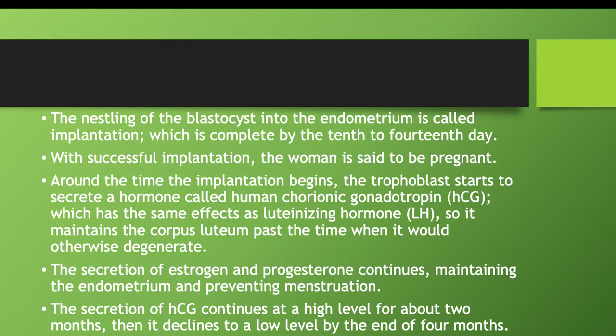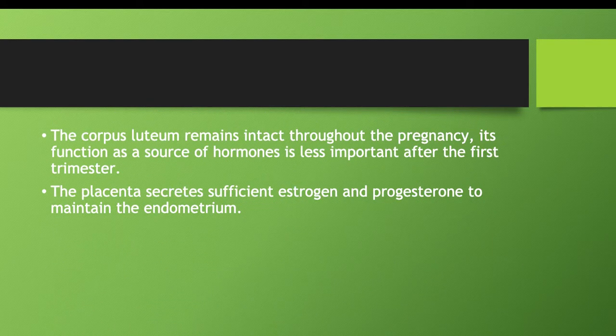Then it can sort of die off because that's going into a different stage, which is more about fetal development. The corpus luteum remains intact throughout the pregnancy, and its function as a source of hormones is less important after the first trimester. The placenta secretes sufficient estrogen and progesterone to maintain the endometrium.